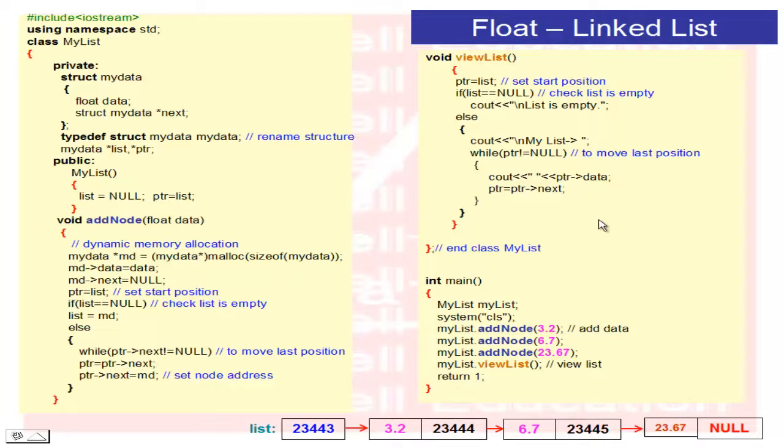So the main point is that I am repeating the code each time to store a different data type. You know, in the character linked list, if we have 30 to 50 lines, then the next, integer, also the same 30 to 50 lines, and float also the same 30 to 50 lines.